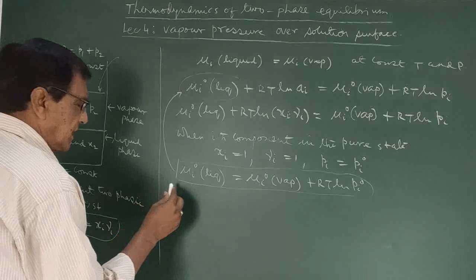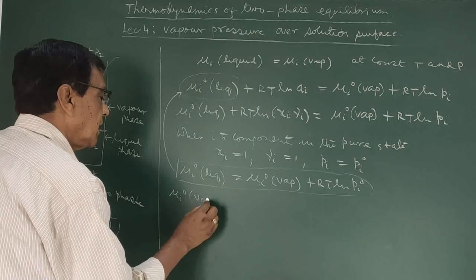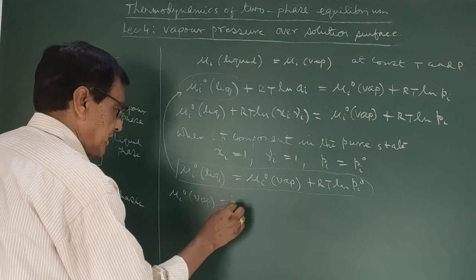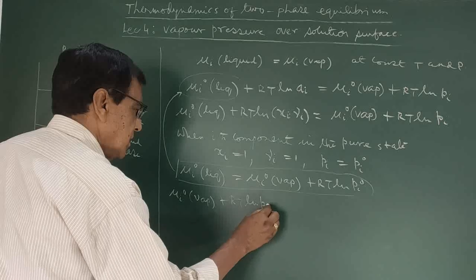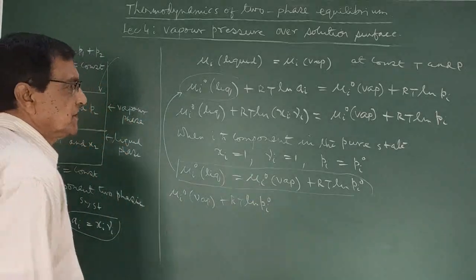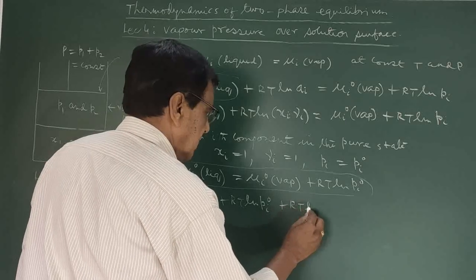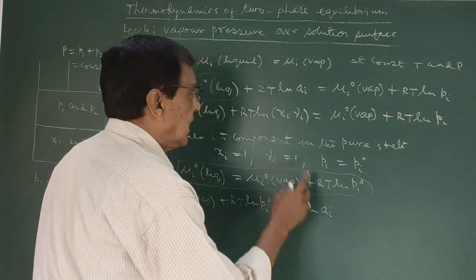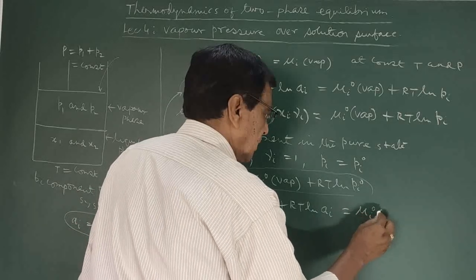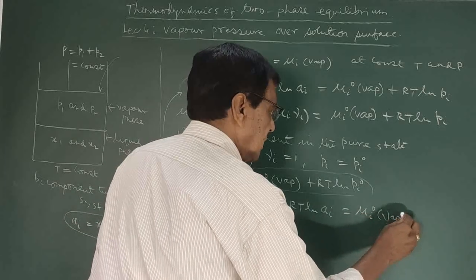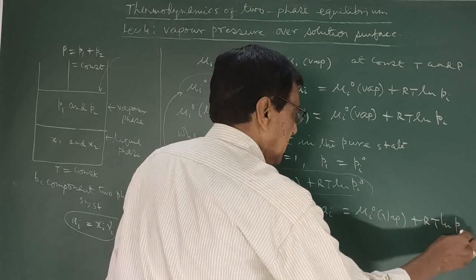If we replace this one by this value, then the left hand side is mu i naught vapor plus RT ln P i naught plus RT ln a i, equal to mu i naught vapor plus RT ln P i.